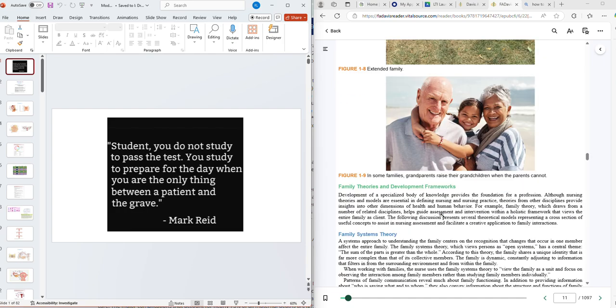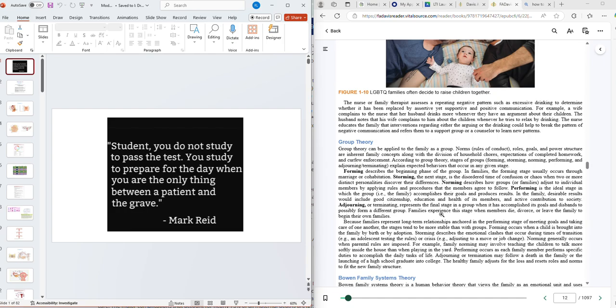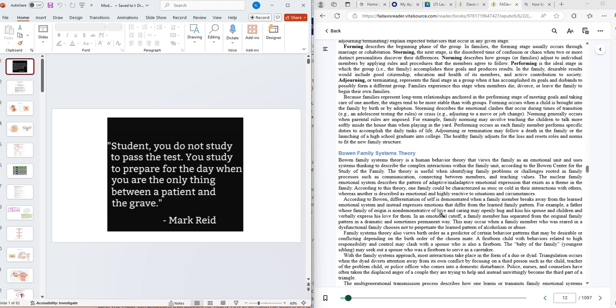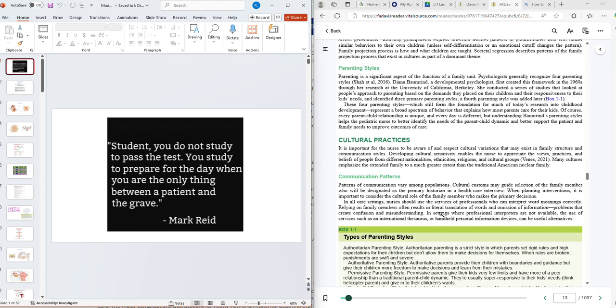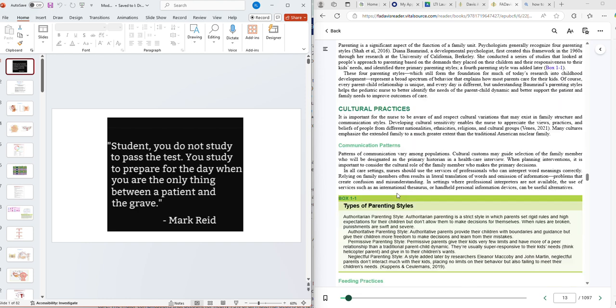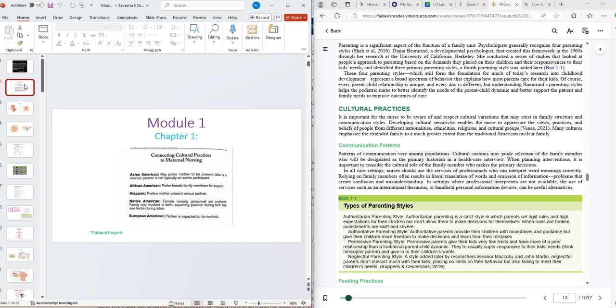Then it starts talking about the different cultures. So we'll go down to page 13 and you'll see the different cultures. You will be doing a cultural presentation at the end of the semester. You'll be in groups, and then the groups will present the different cultures to the class. So we'll talk about that.